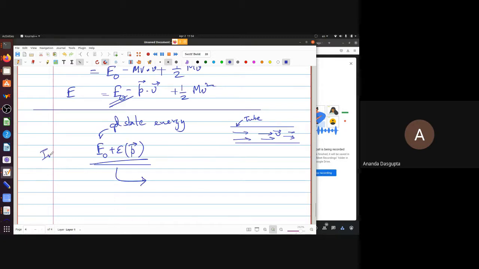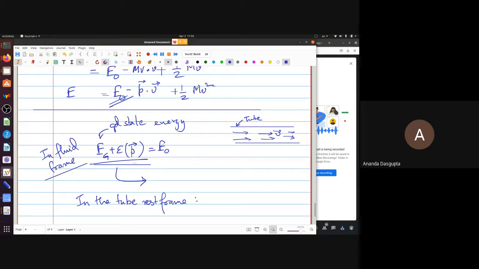This is in the fluid frame once the excitation has occurred, and in the tube's rest frame, what's the energy? Maybe I will not write this as E0; let's write this as E ground.